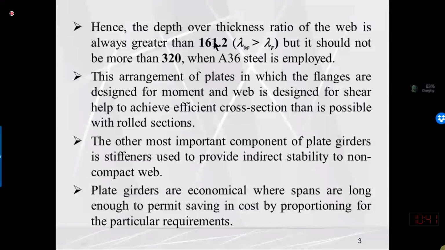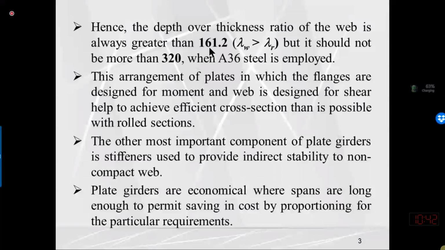So here, if I say that our web is slender based on web local buckling, let me give you the definition of a compact section again. A compact section is one which can achieve its full plastic moment carrying capacity. A non-compact web is one which will partially fail due to yielding stress and partially fail due to elastic stresses.